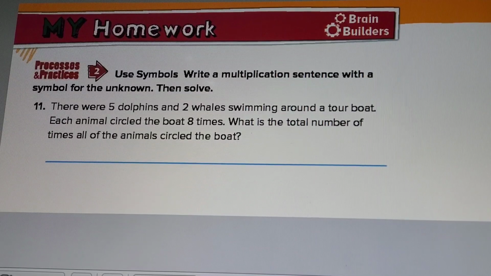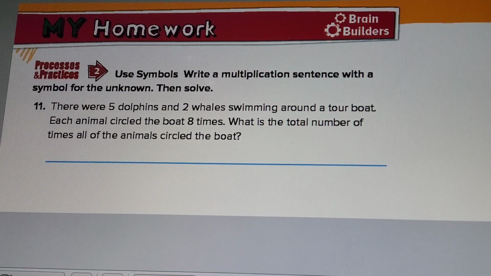My homework, Brain Builders, Processes and Practices. Use symbols. Write a multiplication sentence with a symbol for the unknown. Then solve. There were 5 dolphins and 2 whales swimming around a tour boat. Each animal circled the boat 8 times. What is the total number of times all the animals circled the boat?